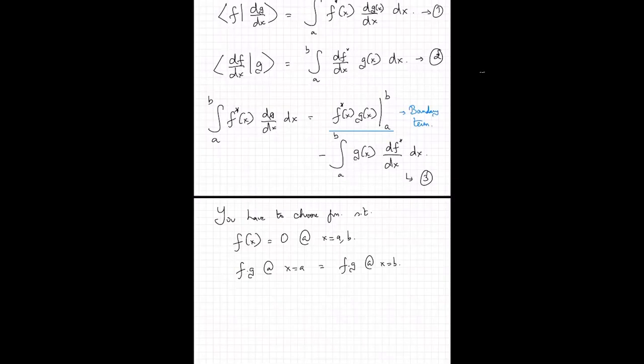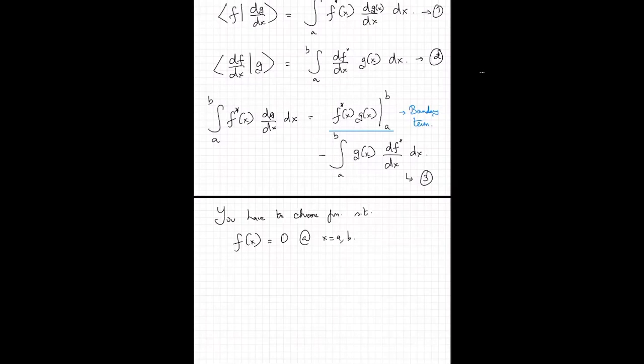The first choice is a lot more practical. So whatever it is, if I want to get rid of the boundary term, this is a very natural choice that I can employ. This is just one possibility. There are also other possibilities, but whatever it is, you have to admit that if you want to define the adjoint of d/dx, you have to be in a space in which you cannot choose all kinds of functions randomly, even though they might be normalizable, but you have to choose functions such that they get rid of the boundary term.